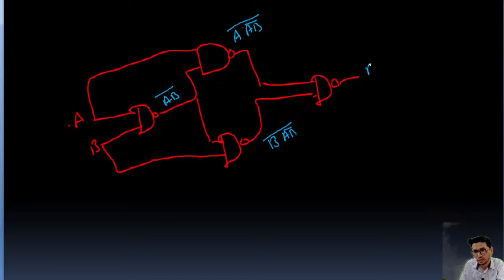And this is going to be A bar B plus B A bar, or A bar B plus A B bar. So this is the XOR case.